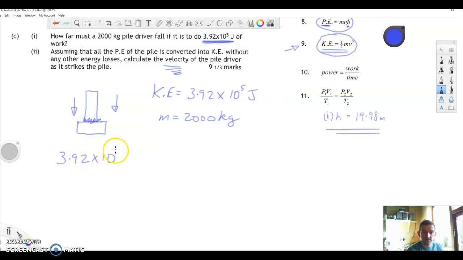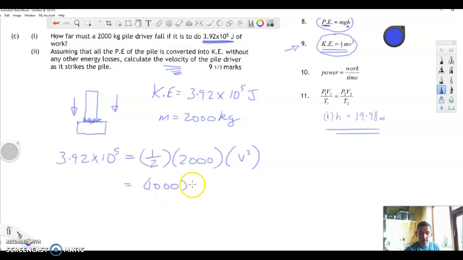3.92 by 10 to the 5 equals a half times the mass, 2,000, times our velocity squared. A half times 2,000 gives us 1,000, so we have 1,000 multiplied by v squared equals 3.92 by 10 to the 5.